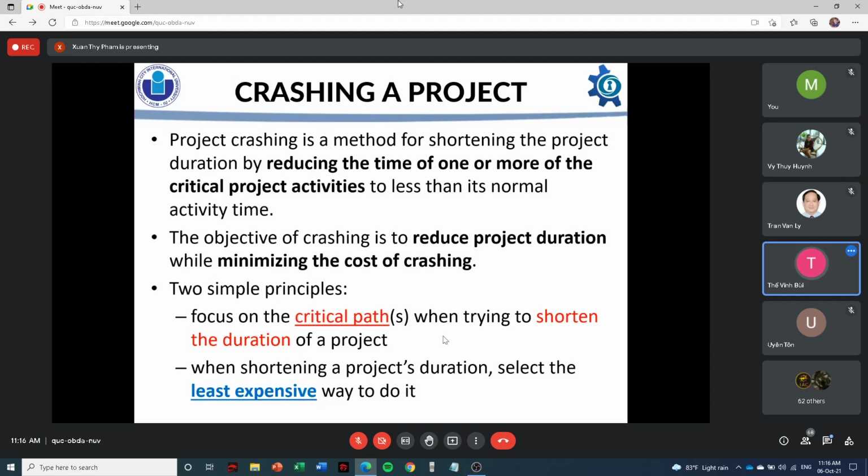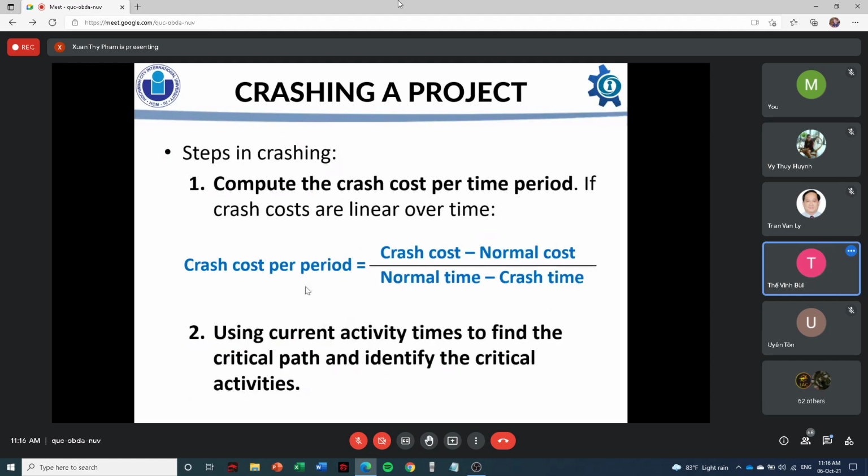So I will show you the formulation of crashing a project. The first step is to compute the rush cost per time period, if rush costs are linear over time. Rush cost per period equals rush cost minus normal cost, divided by normal time minus rush time.